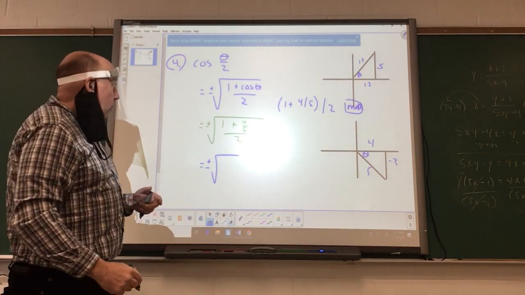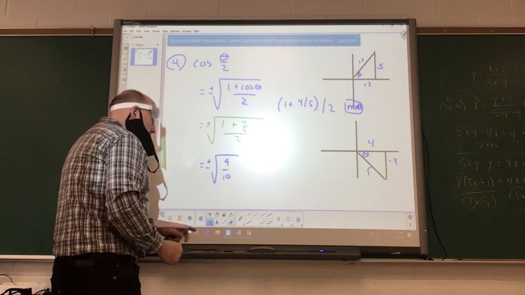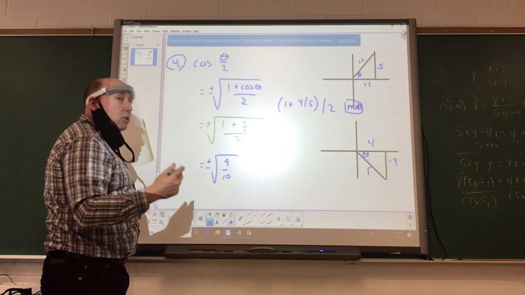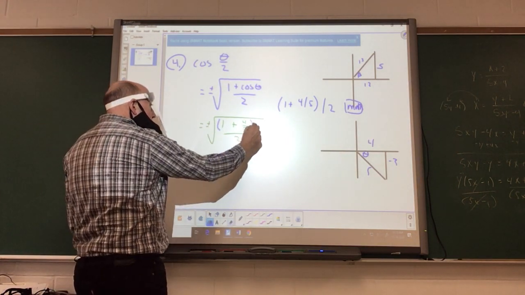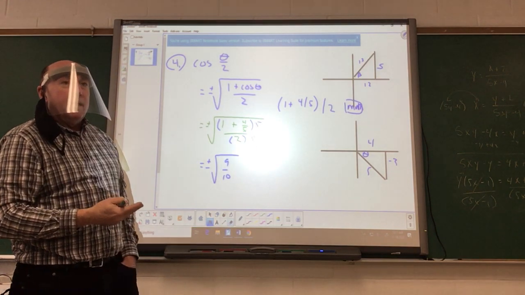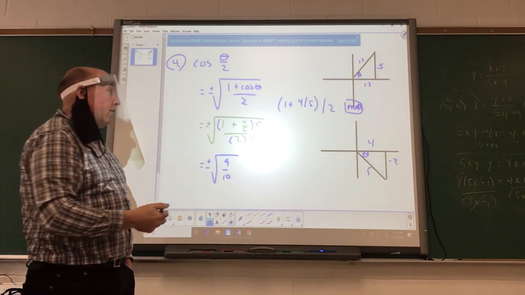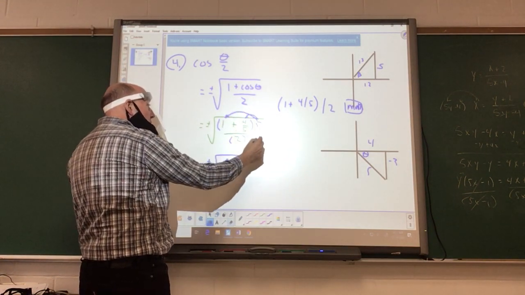When I do that, Lexi, what do you come up with? 9/10. Now, if you wanted to, this is where we talk about advancing ourselves mathematically. I multiply top and bottom of this fraction by the same common denominator of 5. I want to be able to cancel this out, and we have to distribute this over.